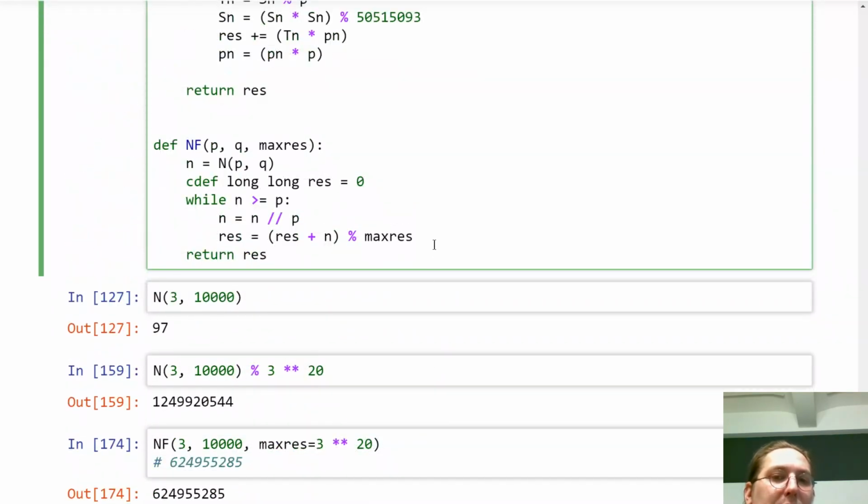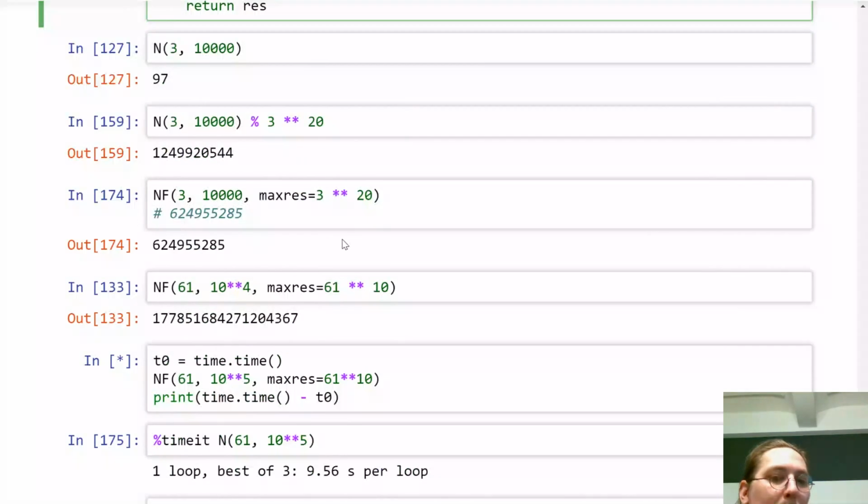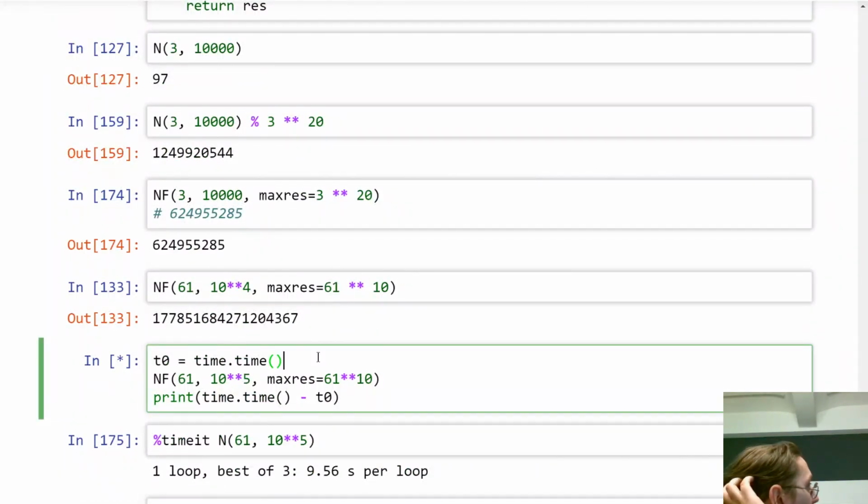Although, maybe the runtime does depend on how big the big int is, so we're doing mod on smaller numbers here. So maybe it does make it faster. But either way, apparently not much.